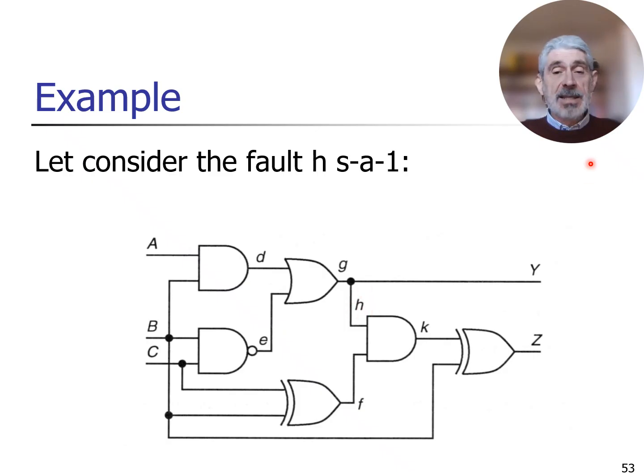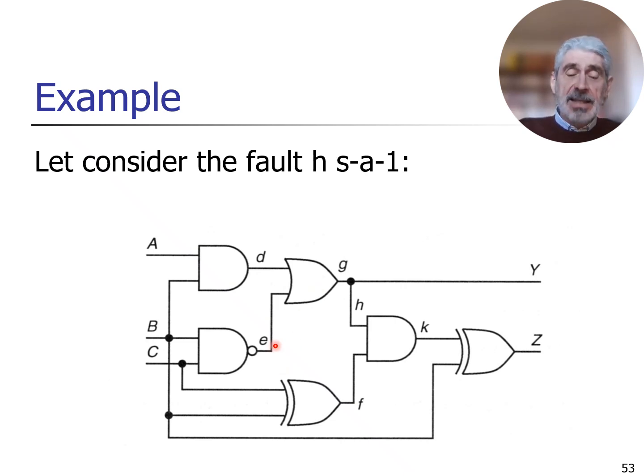First of all, let's consider what we need in order to excite the fault H stuck at 1. Clearly, I need to force a 0 on H. And in order to force a 0 on H, I need to force both D and E to 0. Otherwise, the OR will never produce the 0 on its output.